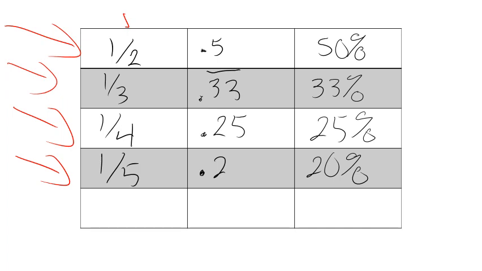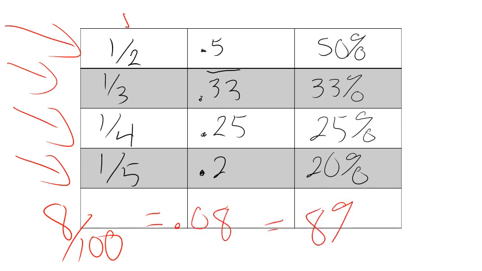Just multiply top and bottom by 4, because then you'll get 8 hundredths. And we can easily transfer that into our decimal and our percent. Okay, more on those conversions later.